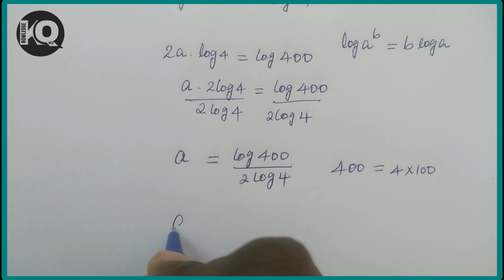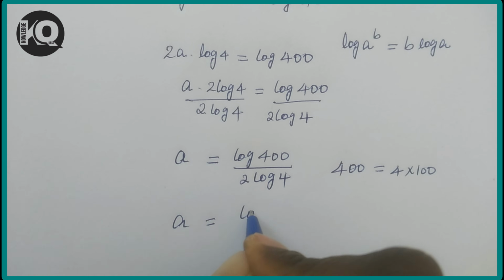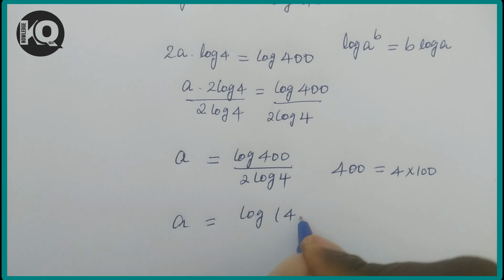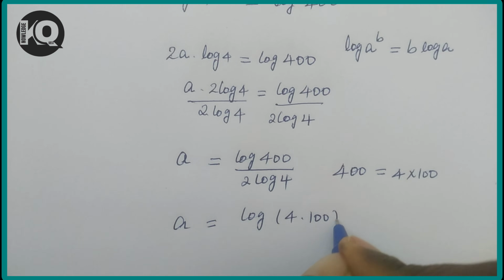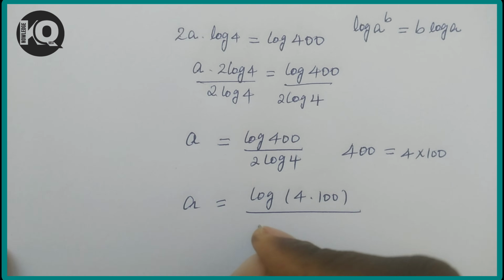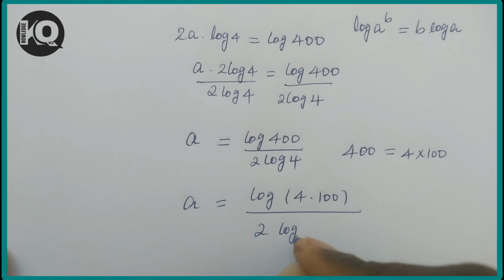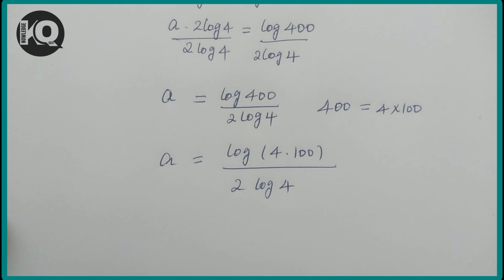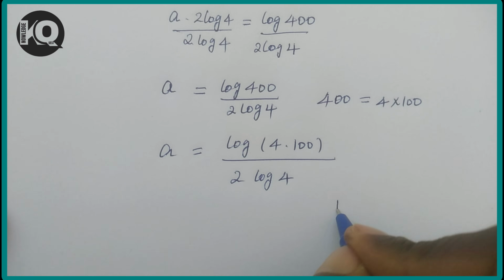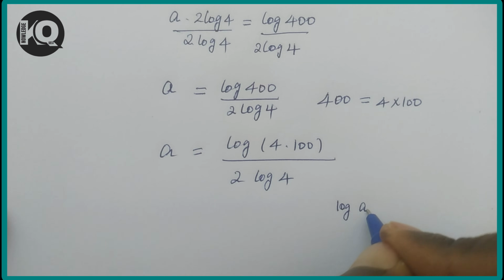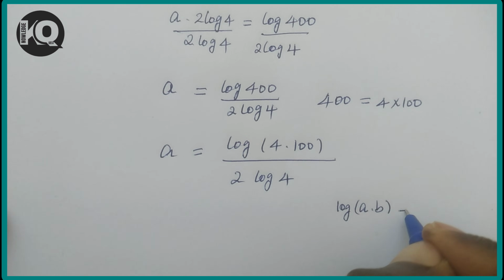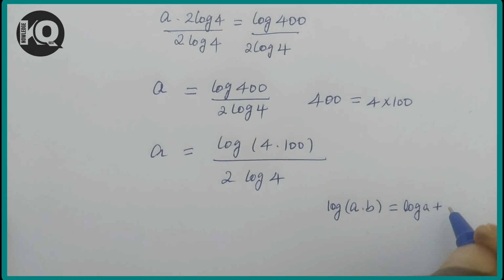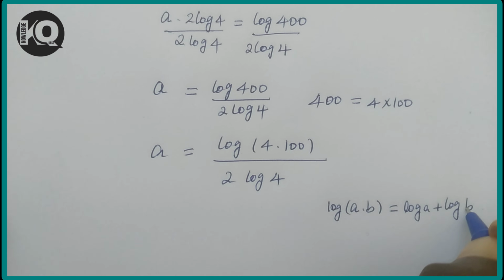So a is equal to log of 4 times 100 divided by 2 times log of 4. From the rule of logarithm, log of a times b is equal to log of a plus log of b.